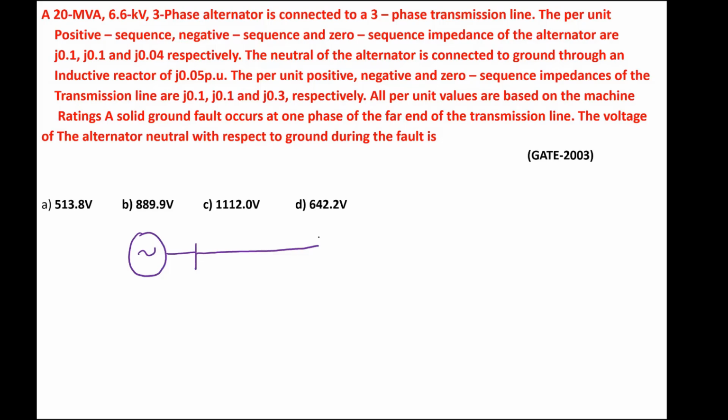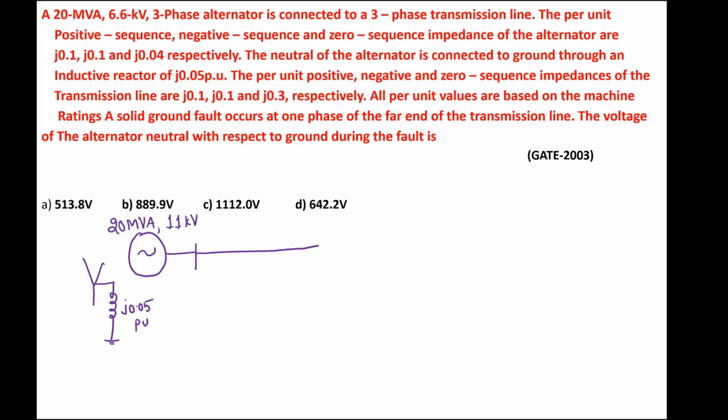The alternator is grounded through a reactance of 0.05 per unit. The alternator rating is 20 MVA, 11 kV.